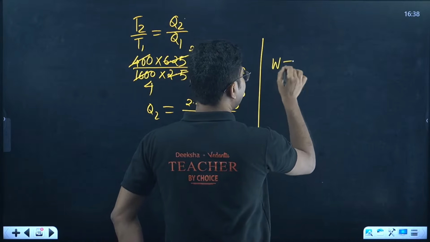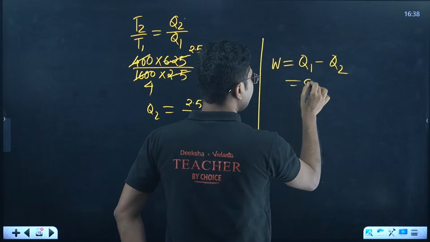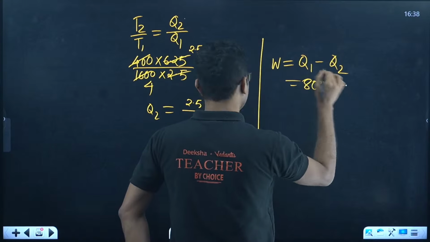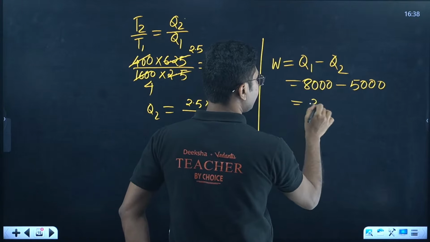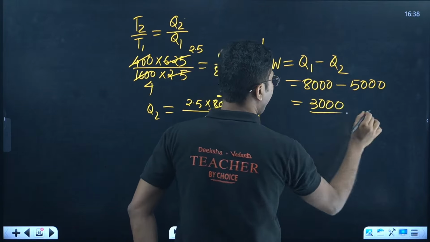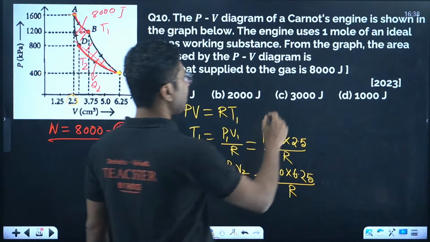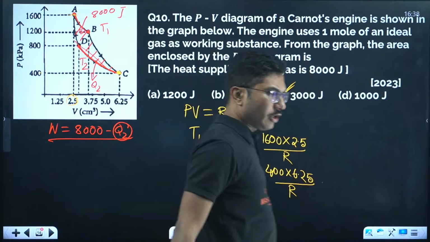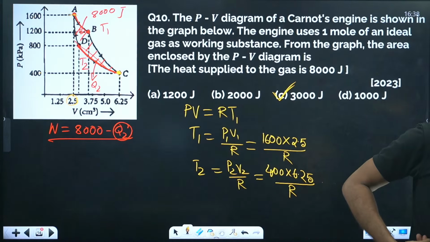So work done or area under the graph is Q1 minus Q2, which is 8000 minus 5000, which is equal to 3000. Okay, so the correct answer for this question is 3000 joules. Okay, option C, not option B, Chetan.